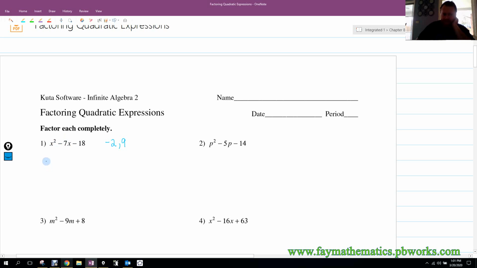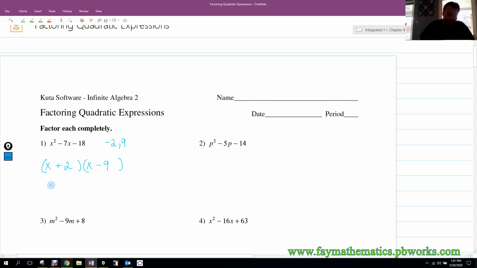So what has to happen is that we write our x here and our x there, but then you put the opposite of what that is. So -2, I'm going to put a +2, and the opposite of 9, which would be -9. And that is the factored version.